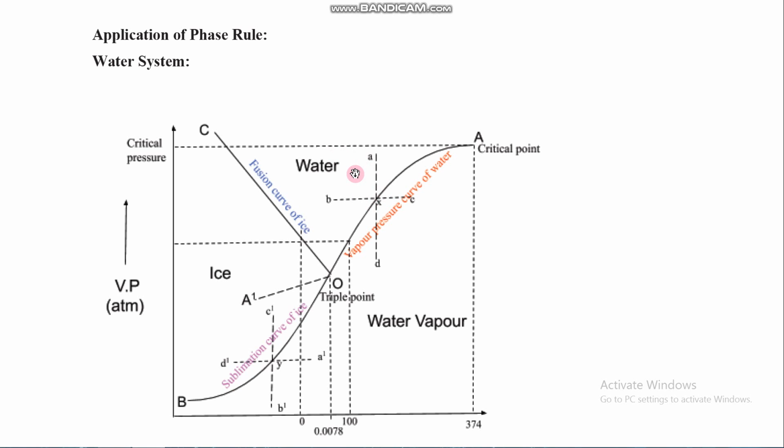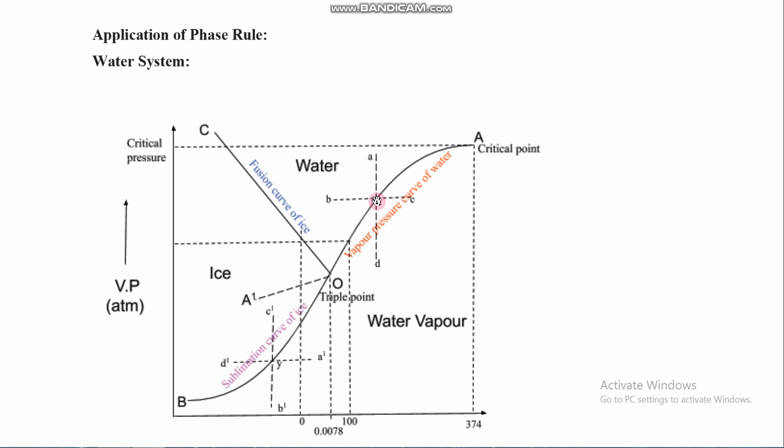More and more vapors will convert to liquid. So vapors will condense into the liquid state. Therefore, this change is represented by XA. At point A, water is present in the liquid state.